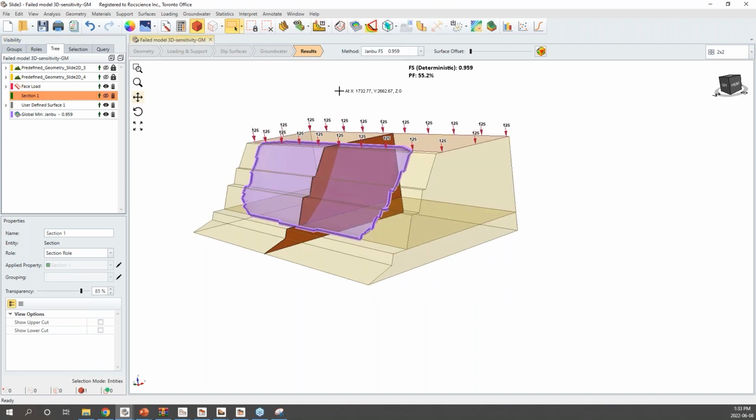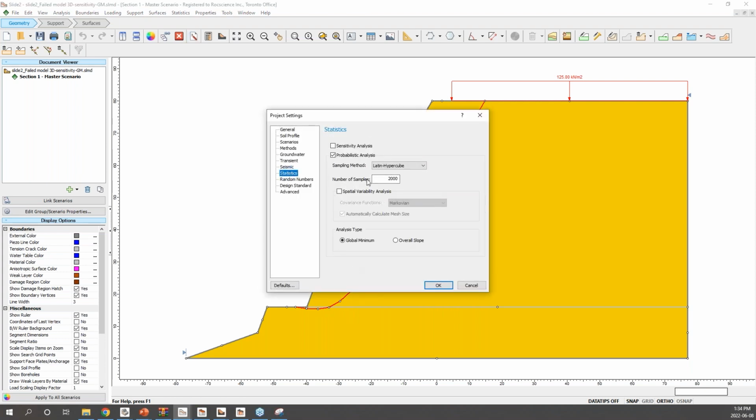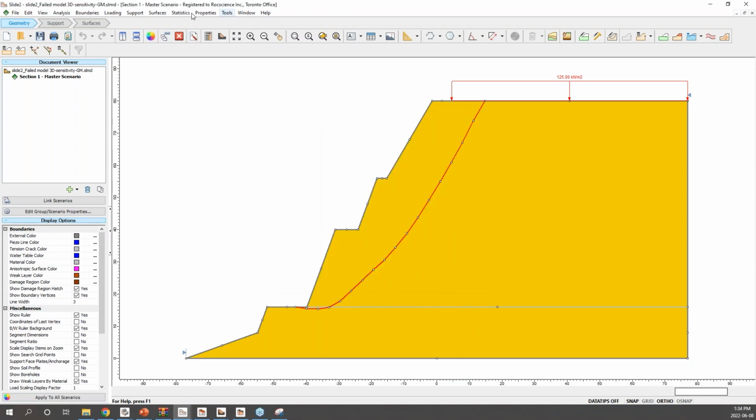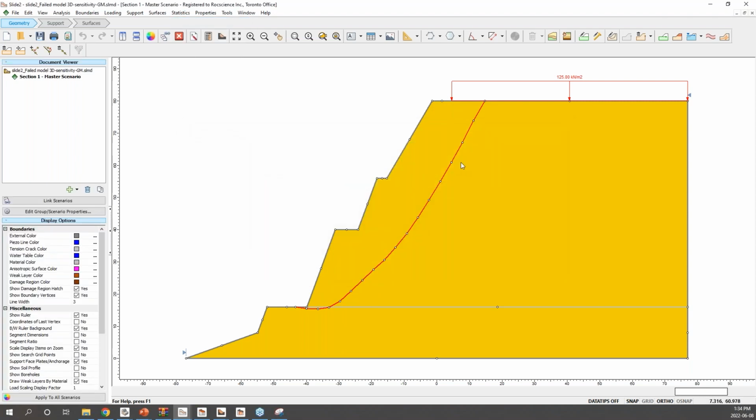So I'll open that. So you can see this is our slip surface, which we input in slide 3. Everything was exported as we defined it, including the statistics. Yeah, we'll just compute this.